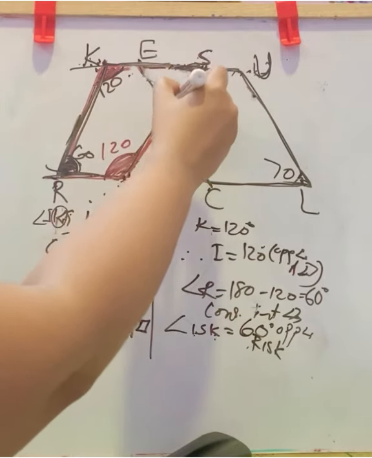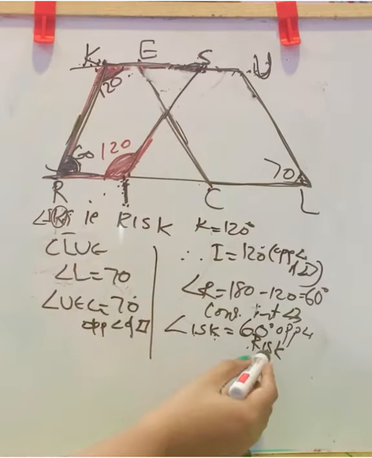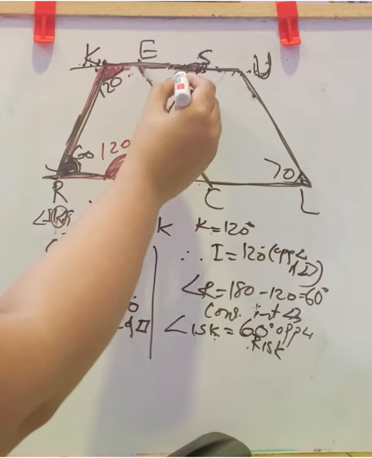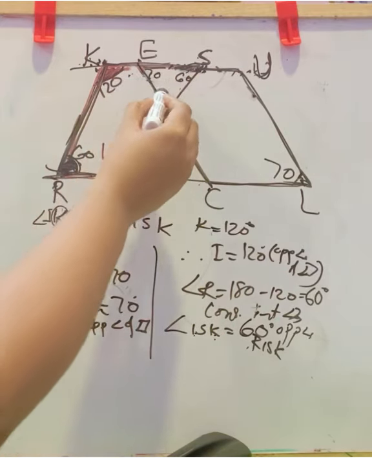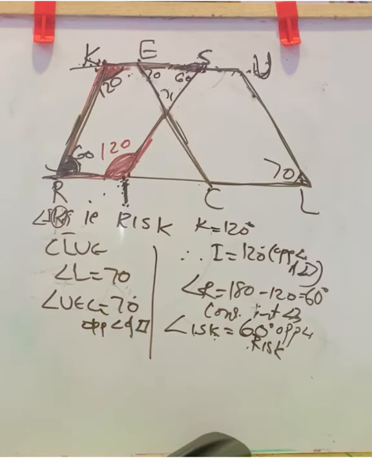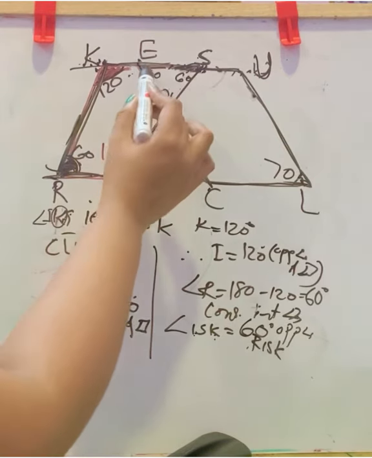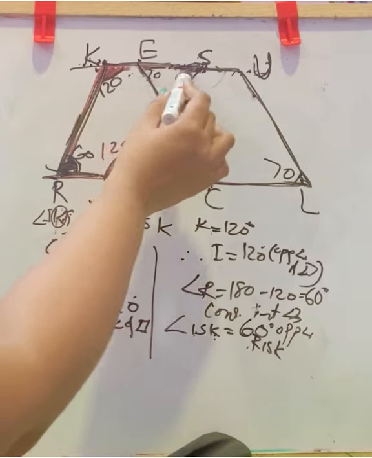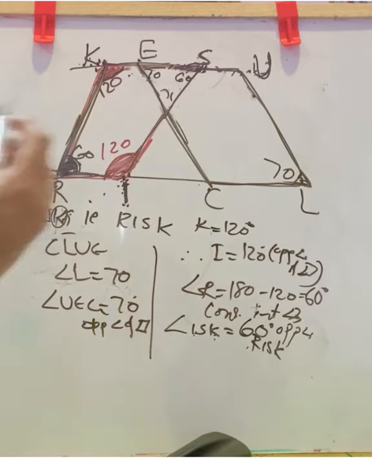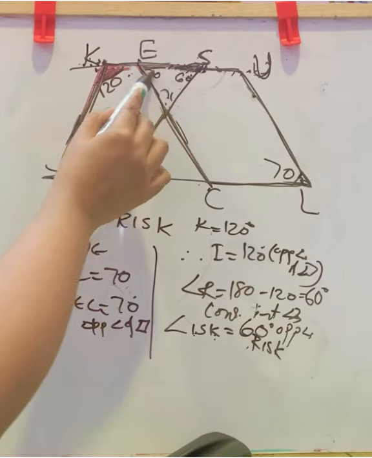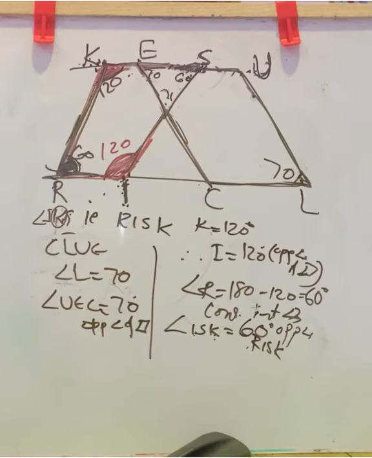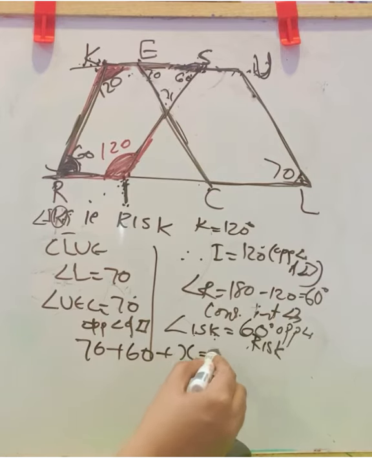So we got here, this is 60 and this is 70. Now you have to find the X. You can see a small triangle here. In that triangle, we have three angles. One is X, one is 60, one is 70. Angle sum property, 70 plus 60 plus X is equal to 180.